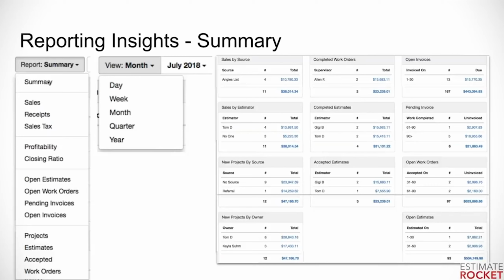Your sales are coming to you from somewhere, whether it's cold calling or referrals from other contractors, and being able to know that is really invaluable. I guarantee that tracking that will really pay off for you in terms of what you need to know.